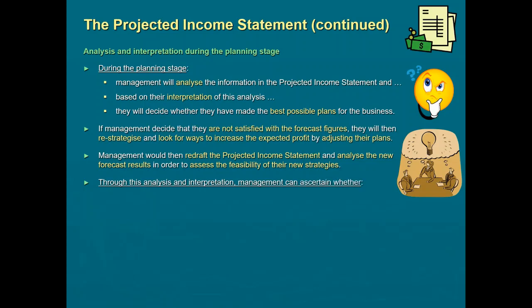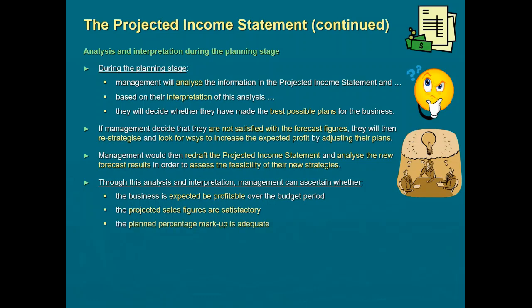Through this analysis and interpretation, management can ascertain whether the business is expected to be profitable over the budget period, the projected sales figures are satisfactory, the planned percentage markup is adequate, in other words, enough to make a profit as envisioned, and expenses need to be cut.